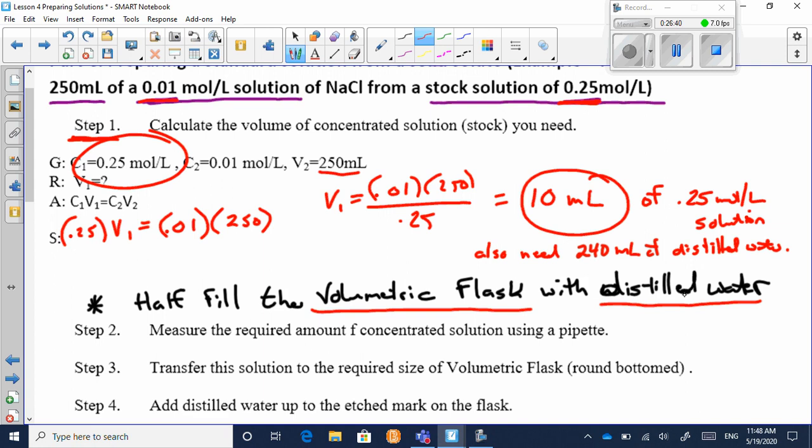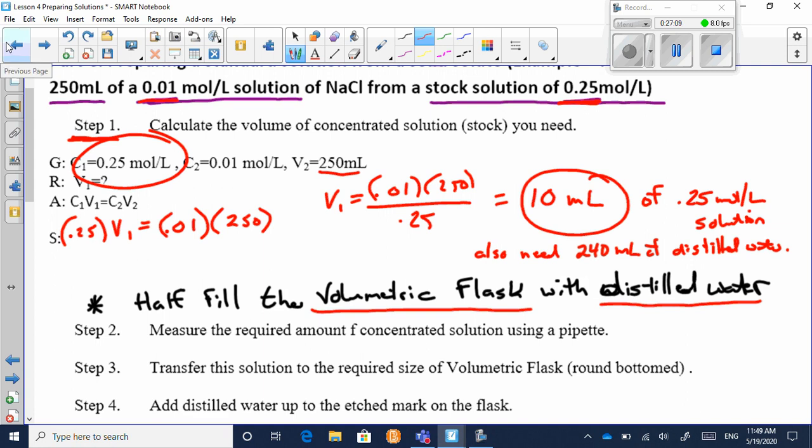And the reason why you put the distilled water in first is that you always add acid to water. You don't go the other direction. If we had put this 10 milliliters of highly concentrated acid into a solution and then poured water on top, you can get a very dangerous reaction. So you always put a little bit of distilled water in the bottom of your flask. I say half fill, but as long as there's some in there.